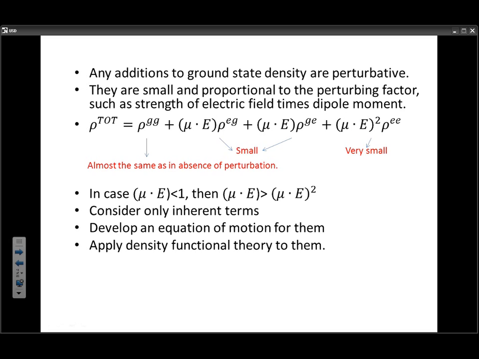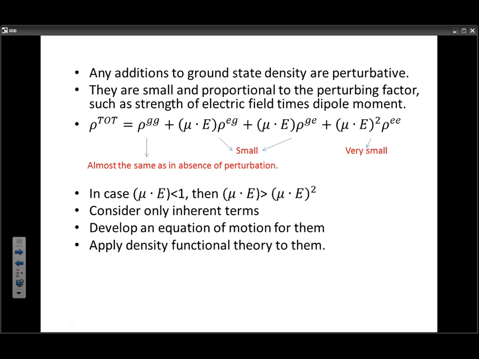Any additions to ground state density are perturbative. They are small and proportional to the perturbing factor, such as the strength of the electric field times the dipole moment.